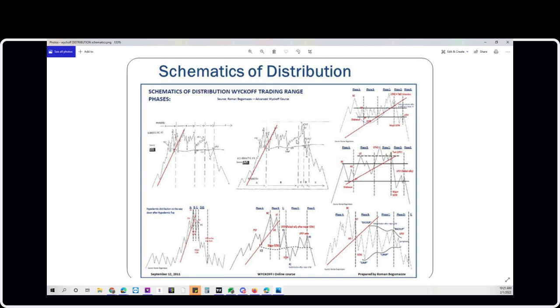Now, whether it's going to be something like this here, where we get a lower high and then more weakness there, or we continue higher to a higher high and then break down, that is yet to be seen.